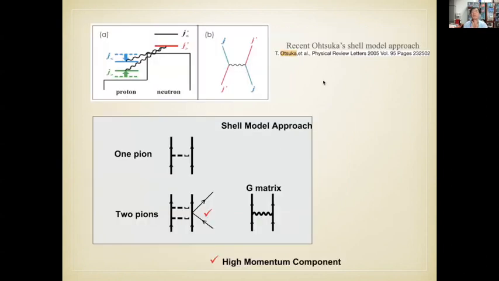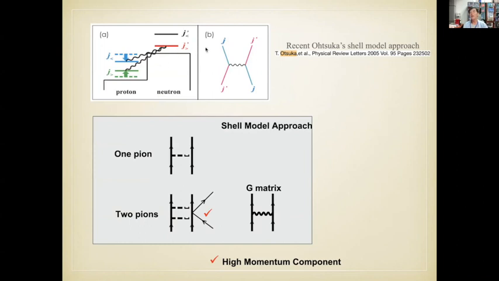But Osaka found that there is an effect. You can make a little higher momentum transfer by making an exchange term. So he calculated this exchange term in the shell model basis and discussed this effect of tensor coupling between orbitals.